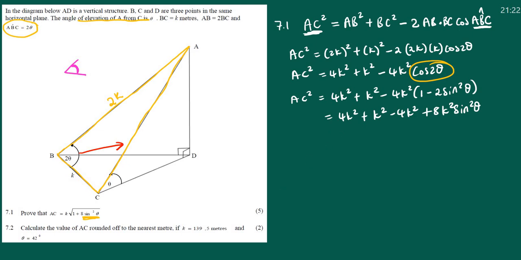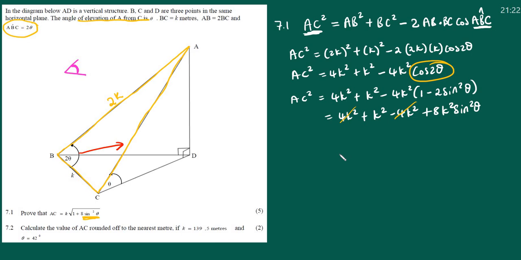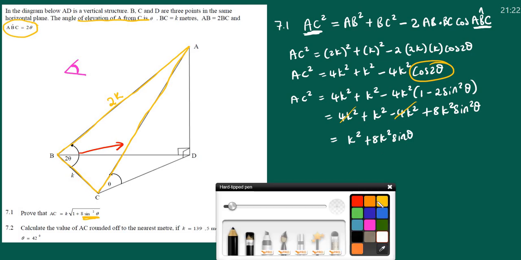Now what will happen? This must cancel that, because those ones cancel each other due to the subtraction. And then you have k squared here and k squared there. That is your common factor. So I'm going to rewrite it like that: 8k squared sine squared theta, and the k squared is common.